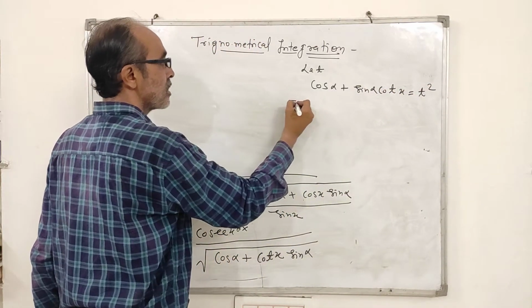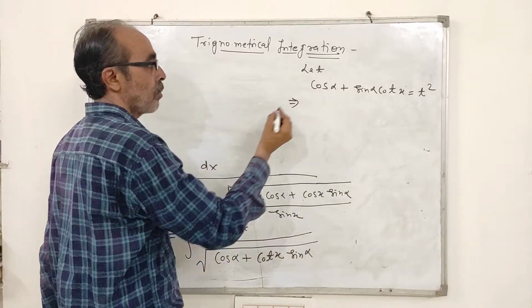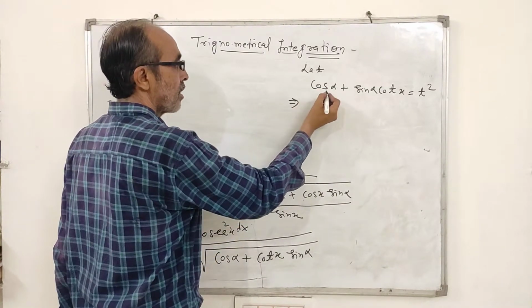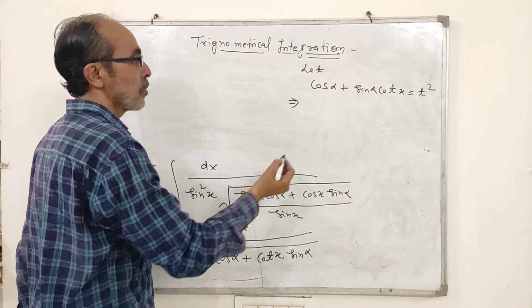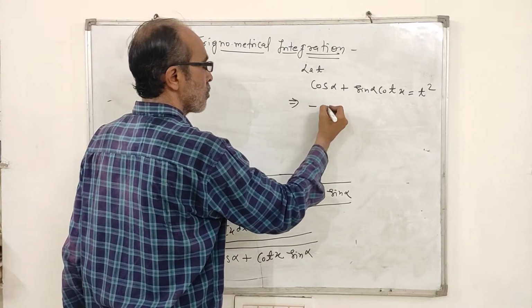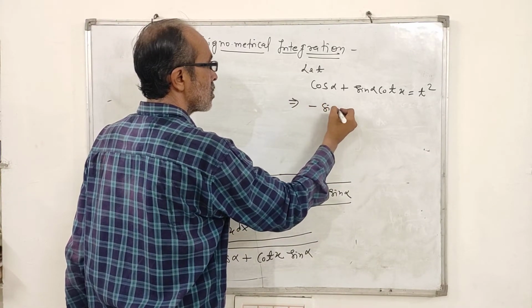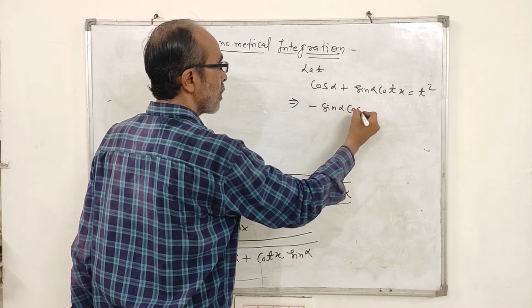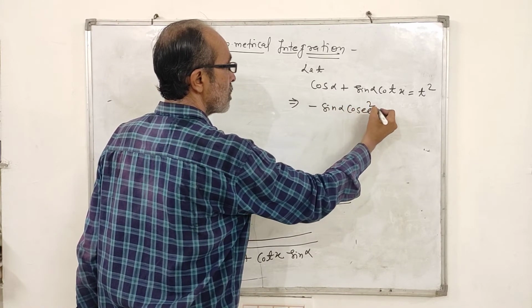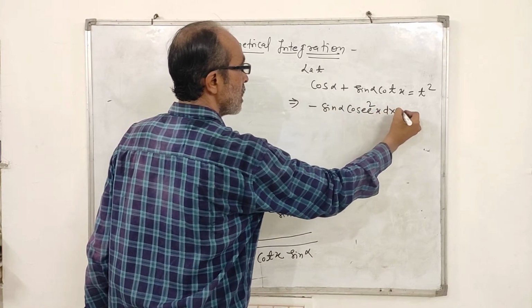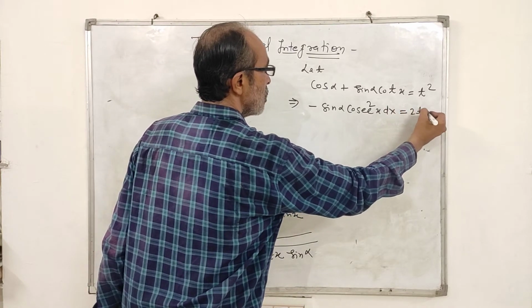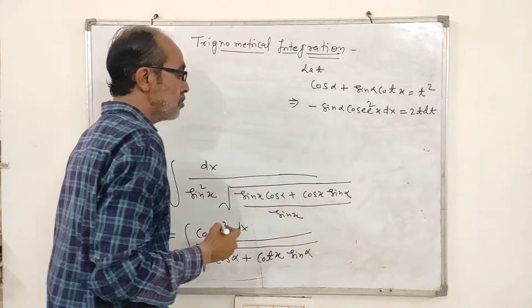After differentiating, the derivative of cos alpha is 0, because alpha is constant, and here negative sin alpha multiplied by cosec square x dx is equal to 2t dt.